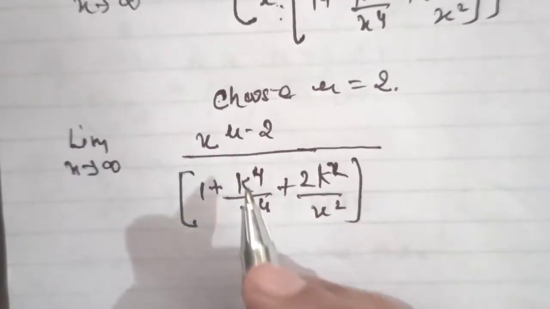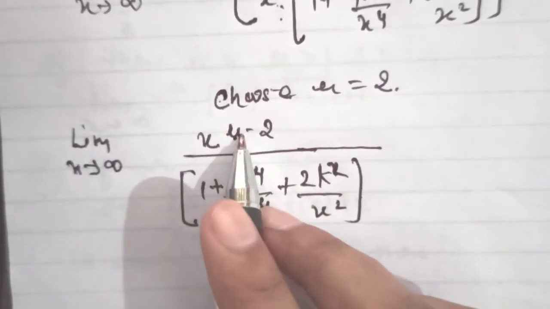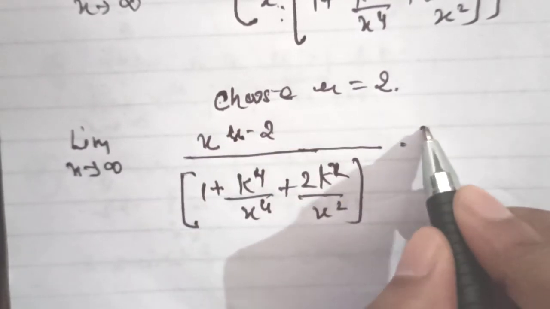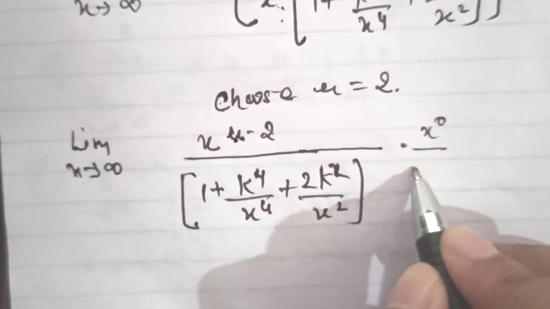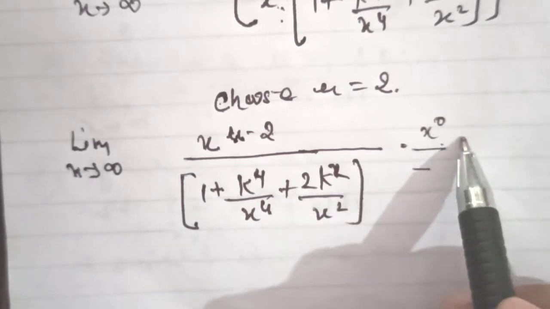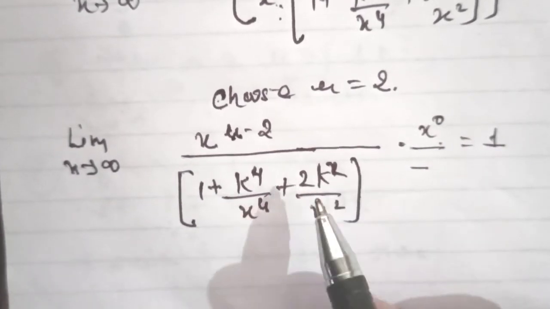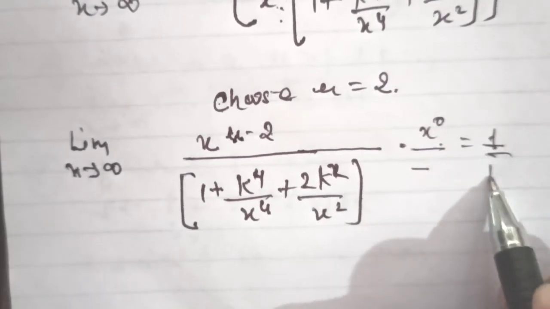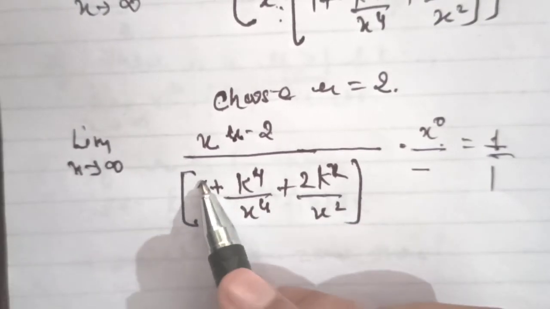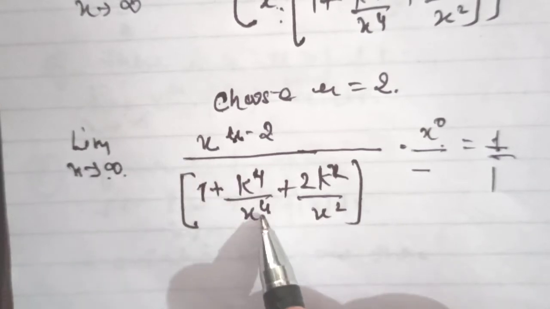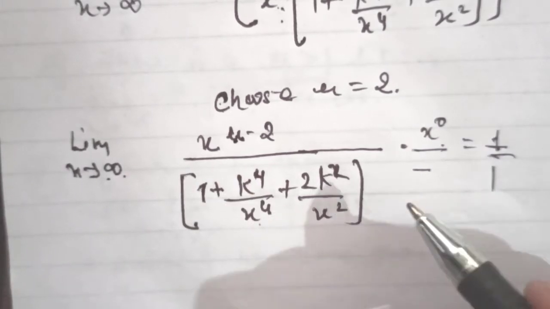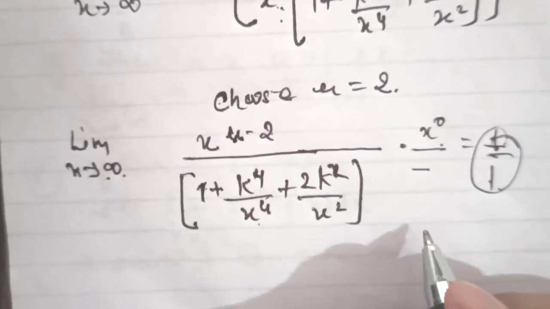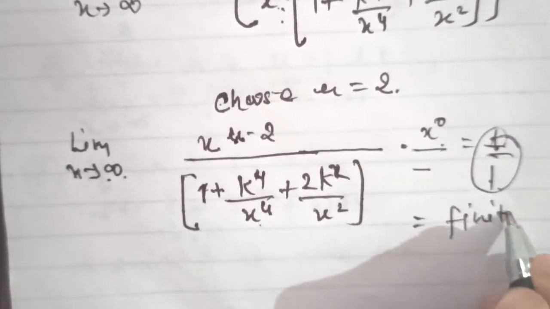With this function you can see that 2 minus 2 is equal to 0, and x to the power 0 is 1, and the denominator terms go to 0 as x tends to infinity, so this is 1 by 1, which is finite.